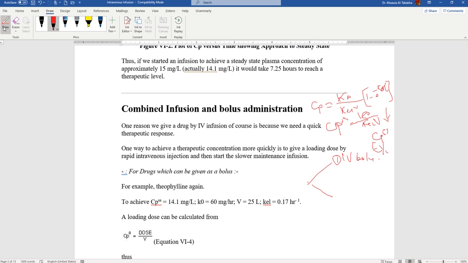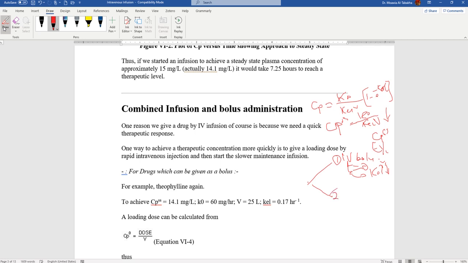So once we reach the required concentration, CPss, at time 0, we follow that by the infusion in which the input is equal to the output.